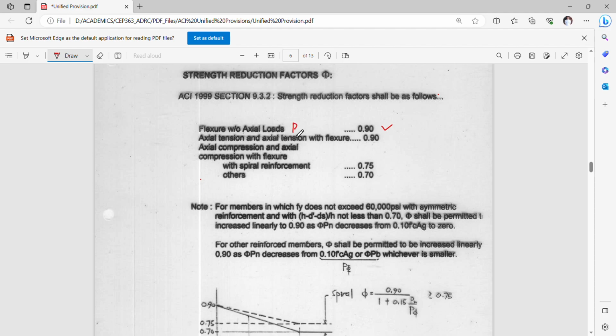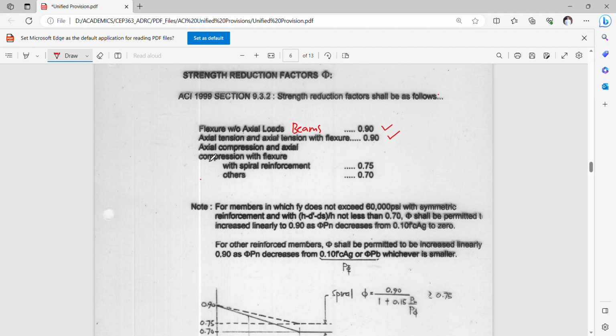We've been using this for beams. And for axial tension and axial tension with flexure, normally these are beams with tension forces, which is also 0.90.